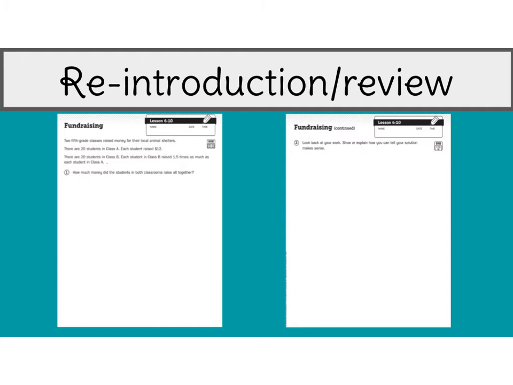What you're going to be doing today is looking back at your problem and thinking about, did I do all of the things that I should have done? We'll go over that here in just a minute. First, we're going to take a look at a couple of sample answers and talk about what was right, what was wrong, what could this person have done better. So let's take a look at those.